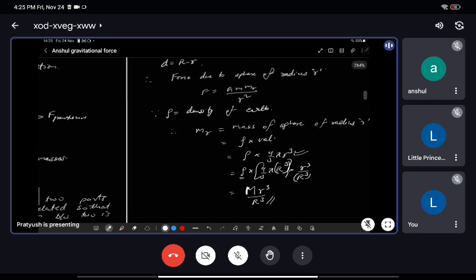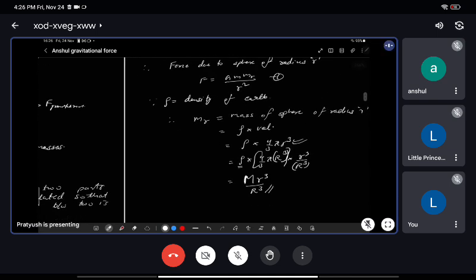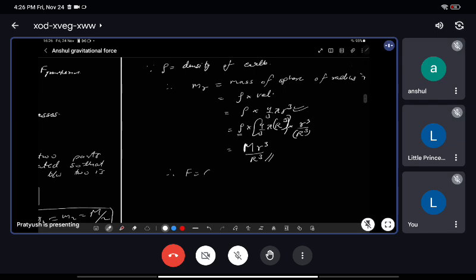Now put it in. Capital M into small r cube upon capital R cube, into small m upon small r square. Now small r square and small r cube will cancel out. One r will be remaining. So we are getting G capital M small m upon capital R cube into small r.